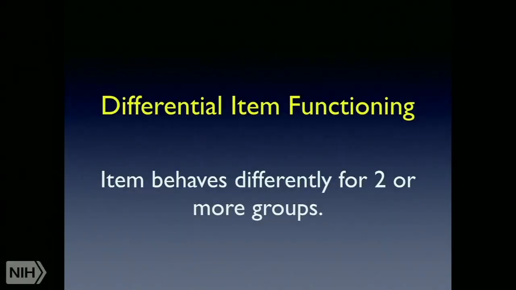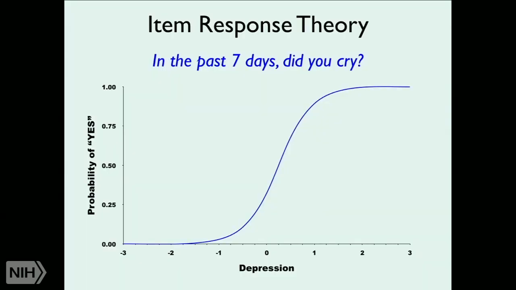It means the item behaves differently for two or more groups. So check this out. This is a very simple item response theory curve here. And you can see we're modeling the probability of answering yes to that question on the y-axis as a function of the person's underlying depression on the x-axis. Okay?